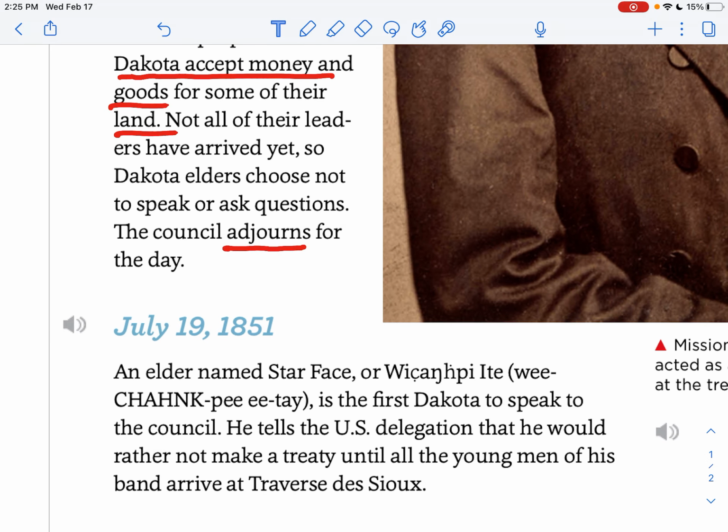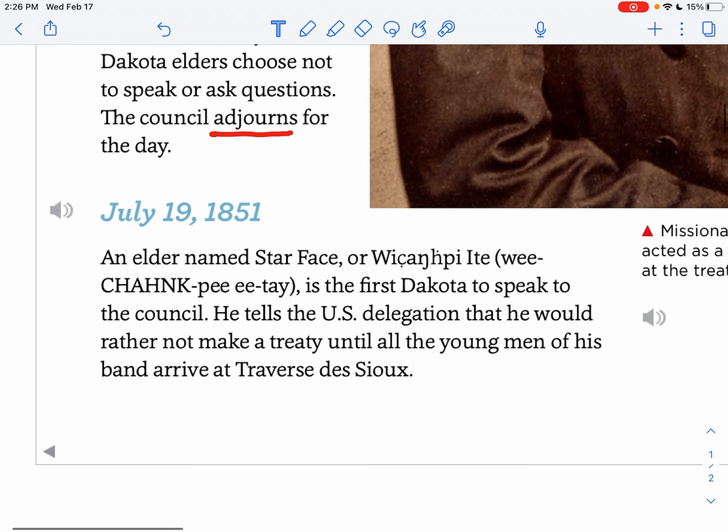Is this a smart decision on the Dakota's part? What do you think? They did not want to make this decision without their elders. In other words, their most experienced people there. All right, so the next day, a Dakota elder named Starface, or Weechenkite, is the first Dakota to speak to this council.